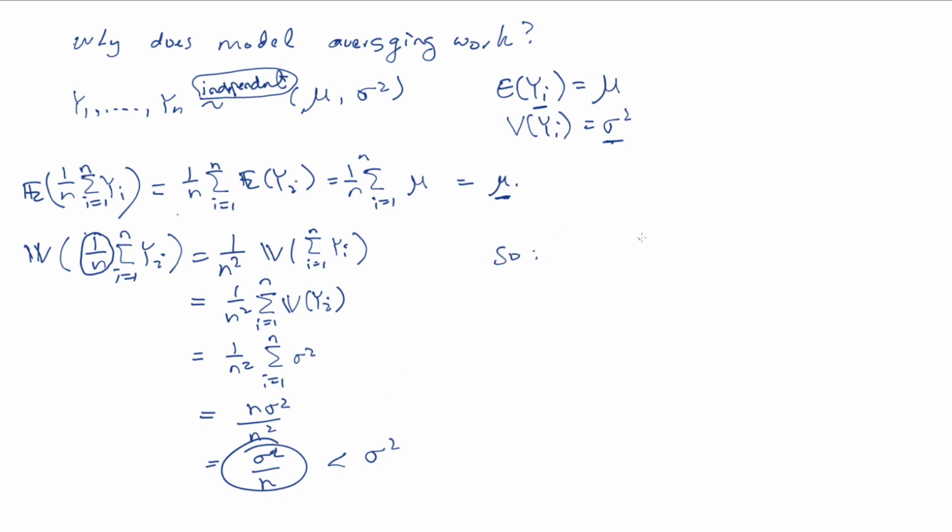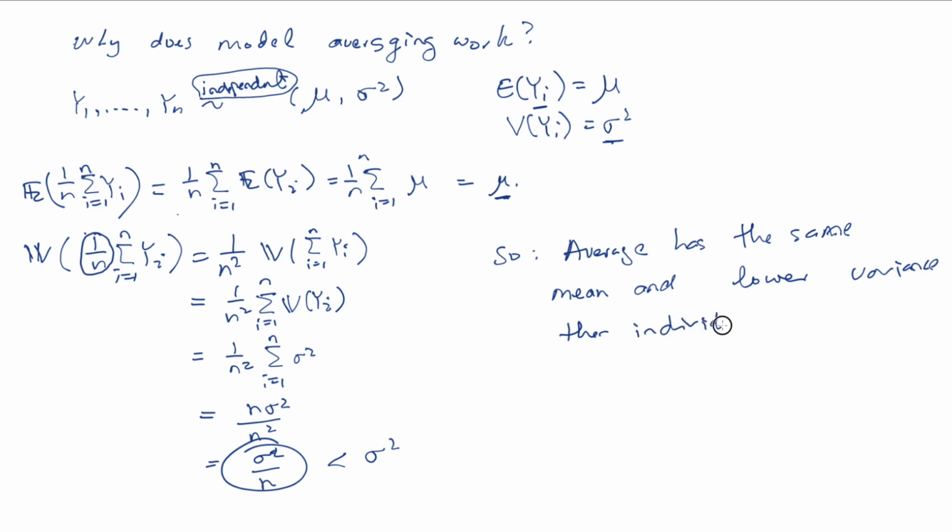So the average has the same mean and lower variance than the individual models, or the individual values.